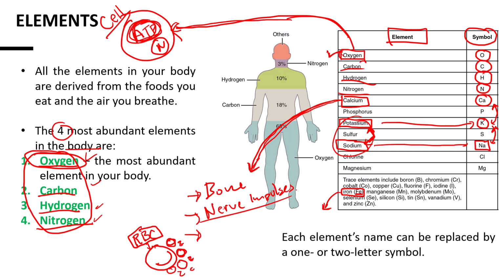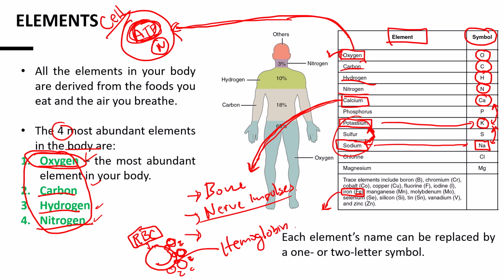The reason why iron is important for that is because there is a molecule, very tiny, microscopic, a protein in the red blood cells. This protein is called hemoglobin.